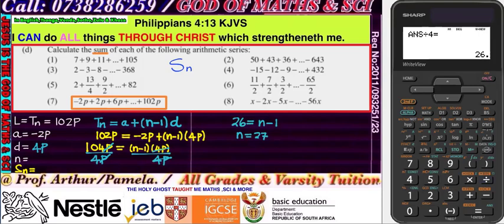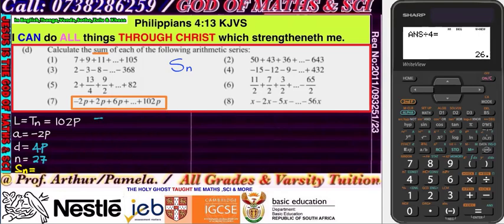So I'm just going to go right and say N equals 27 terms. Good. So now we are ready to do the sum of the first 27 terms. I'm going to use the formula that has the last term.